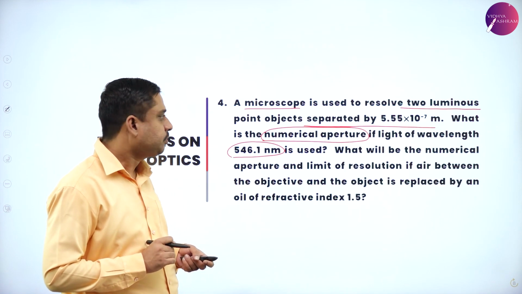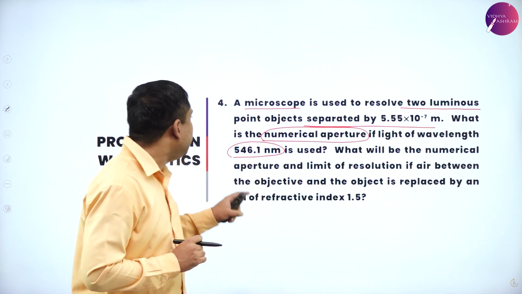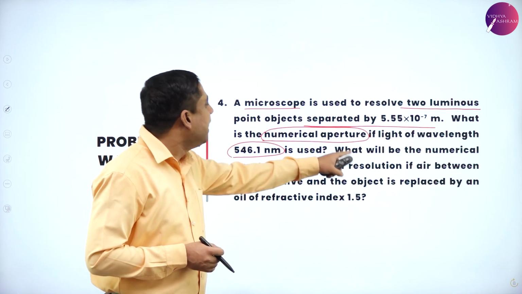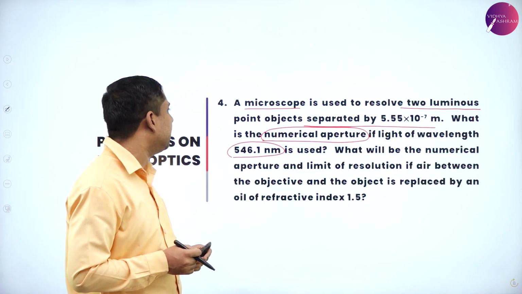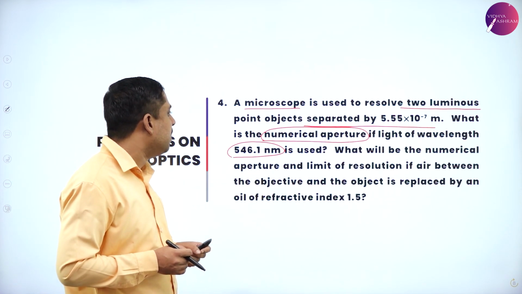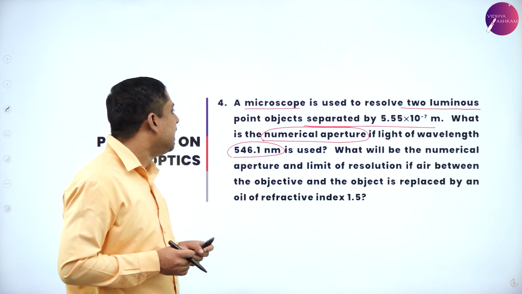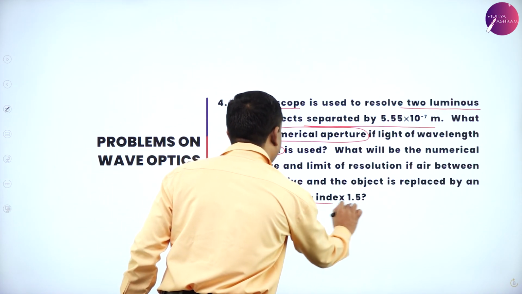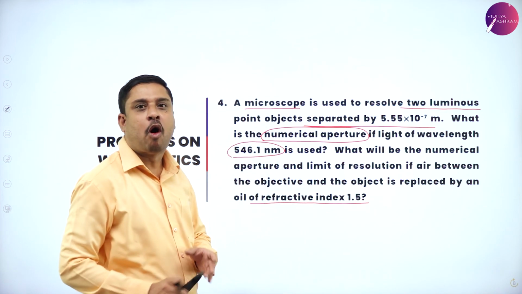Now, what will be the numerical aperture and limit of resolution if air between the objective and the object is replaced by oil of refractive index 1.5?